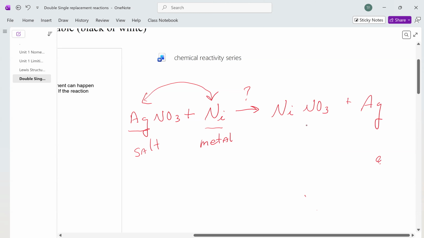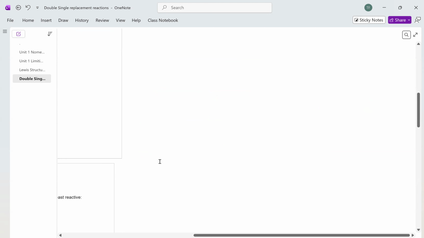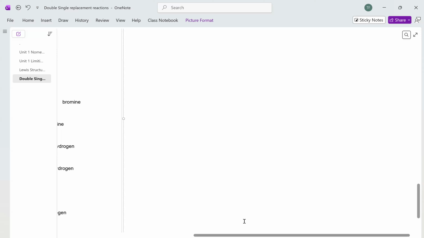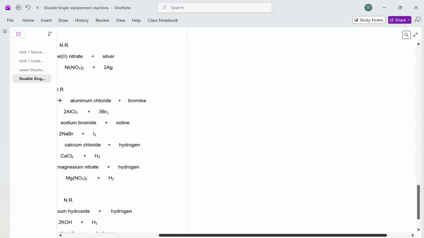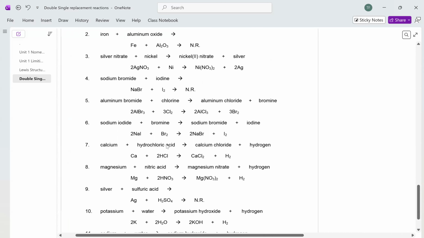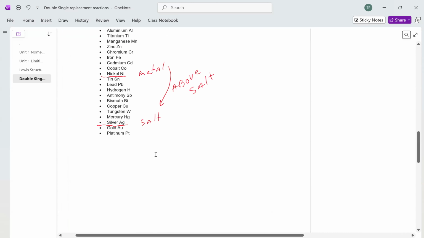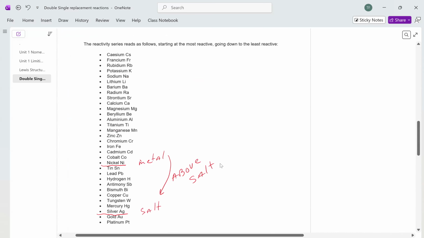So that's the essence of single replacement reactions. You compare the metal and salt on one side of the equation versus the other side. So that's all there is to it with single replacement reaction.